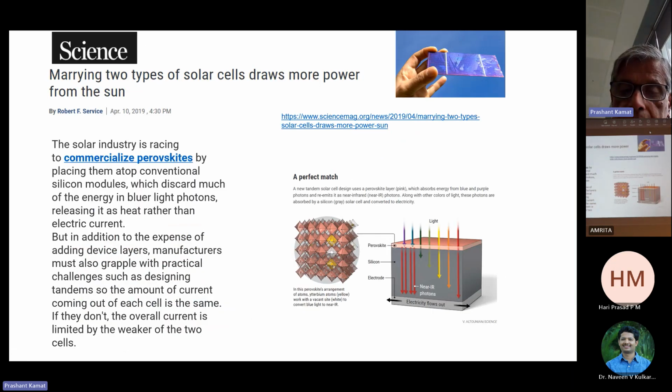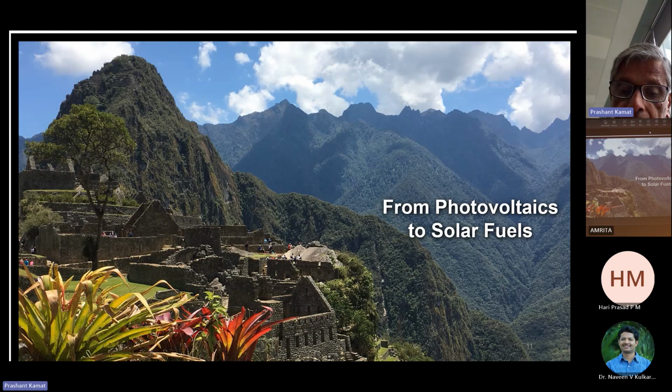From there, people are now trying to make perovskite and silicon tandem solar cells. In this one, when you shine the light, the perovskite absorbs the high energy photons, and the silicon absorbs the other photons transmitted through. As a result, people have now made over 33% efficient cells.